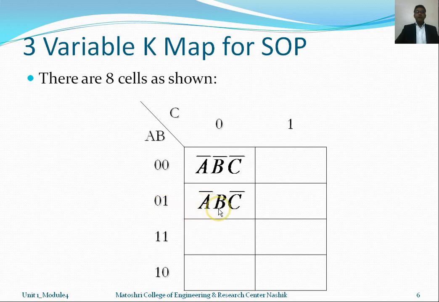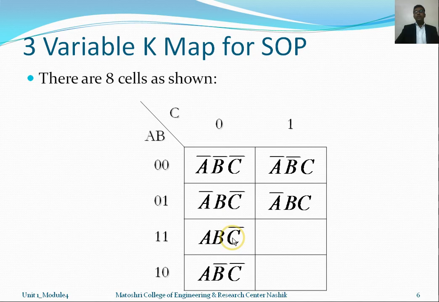So that's why A bar B, which is a product term, and the value of C from the column side is 0, so that's why we have to show the complement of C here.